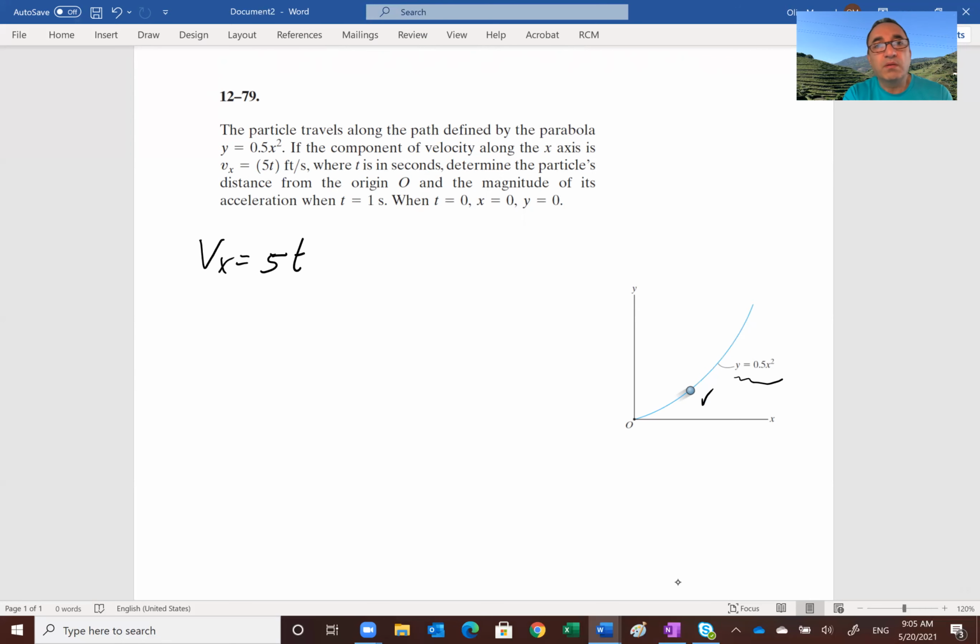So distances are in feet, time is in seconds, where t is in seconds. Determine the particle's distance from the origin, O, and the magnitude of its acceleration. So you want the magnitude of acceleration at t equal 1, that's one thing, and the distance at that instant.